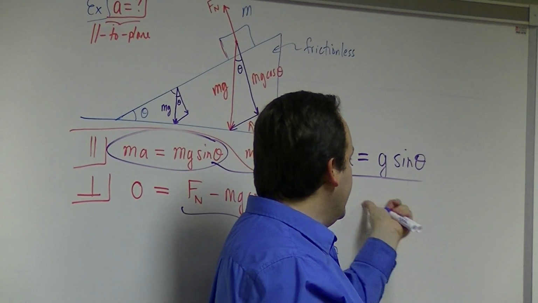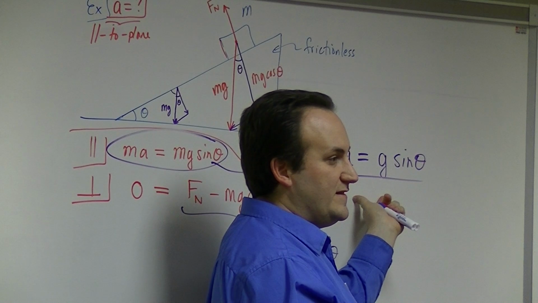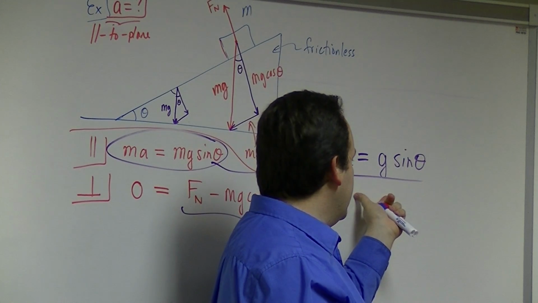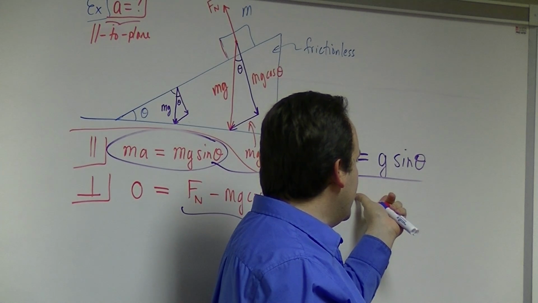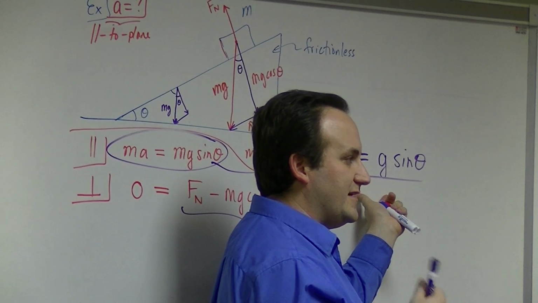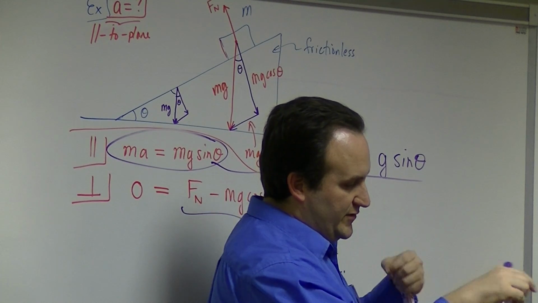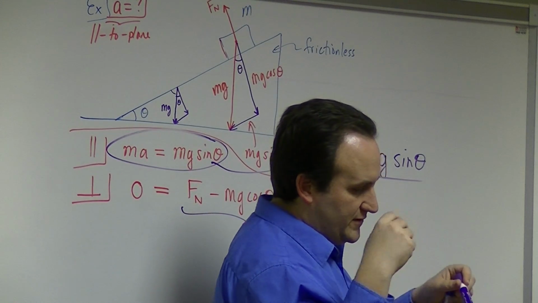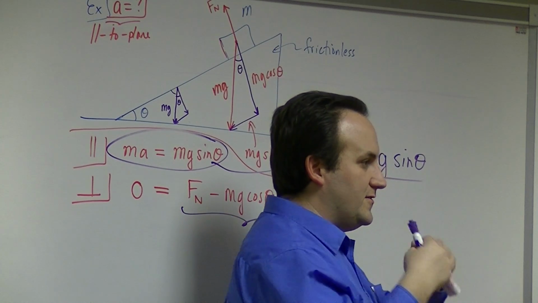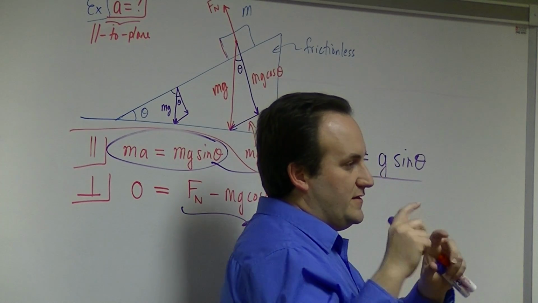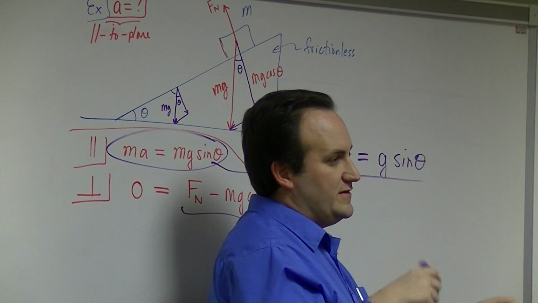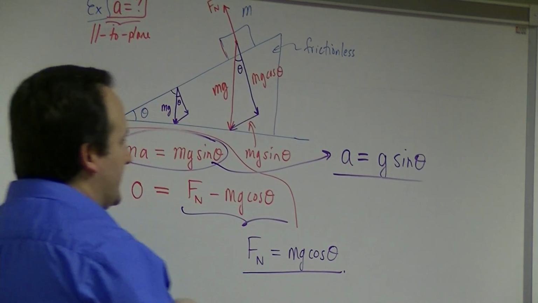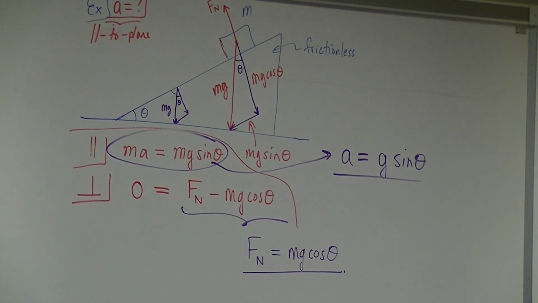The acceleration is independent of mass. It just depends on the angle. And it's been rumored to me that this is how Galileo figured these things out. He had a little inclined plane, had musical strings laid across it, and then he had balls. You just roll down the thing, and you could hear the spacing of the notes to tell that the larger and smaller balls fell at basically the same acceleration, independent of mass.